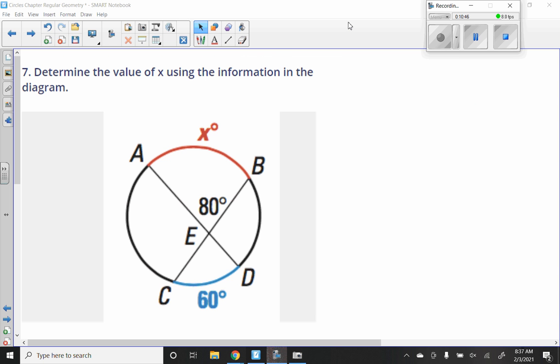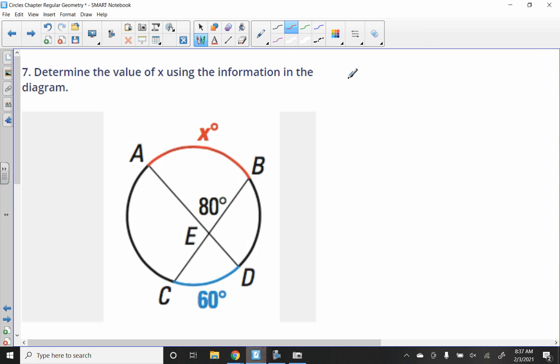All right, so the last question on the exterior intersection is an interior intersection, because I do not want you to forget the difference in these two formulas. Now, if it's on the exterior, on the outside, like the previous 6 questions, our formula for angle was far minus near divided by 2.